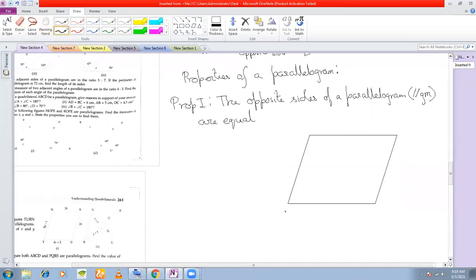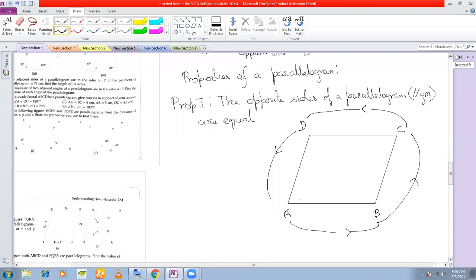If you have ABCD as a parallelogram, remember to label the vertices in this manner only. That is A, B, C, D, and then A. That means we are going in which direction? Anti-clockwise direction, right? You know clockwise and anti-clockwise direction, all of you?